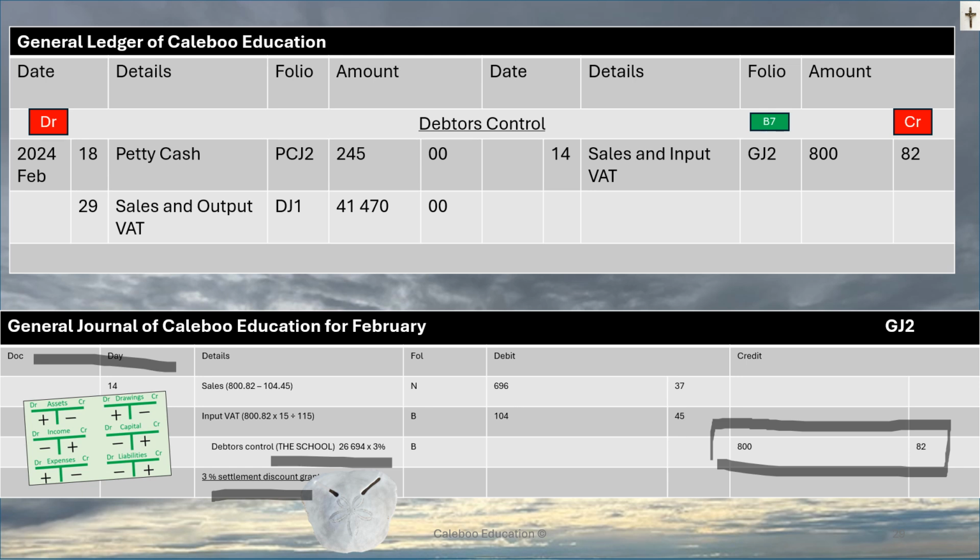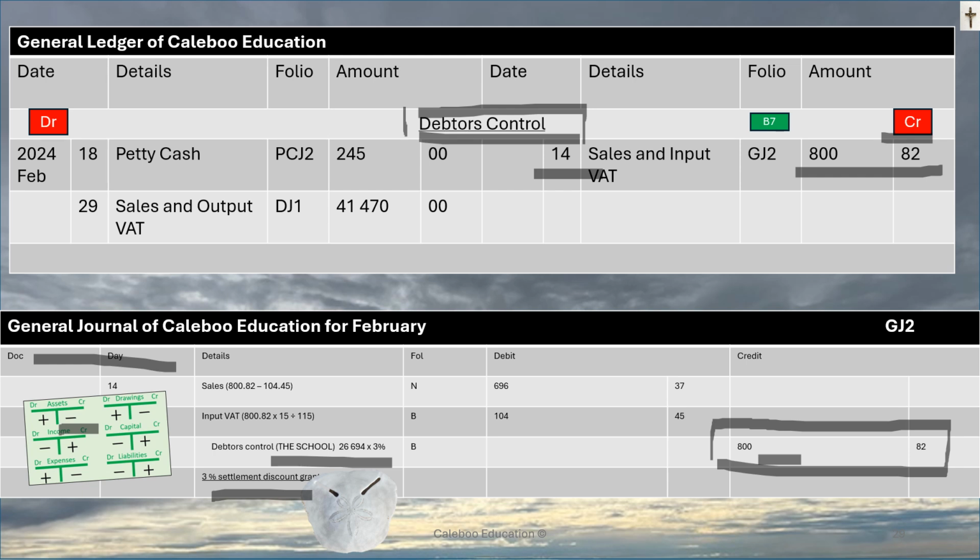Now this discount here has resulted in a decrease in assets, so the control account in the general ledger must get credited, because for a decrease in assets, the rule says the account must get credited, and the amount was 800 Rand and 82 cents. And this transaction took place on the 14th.